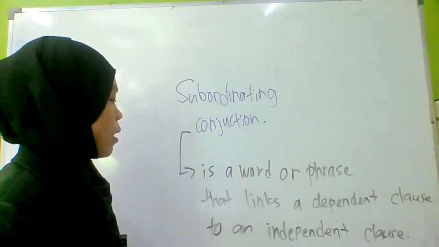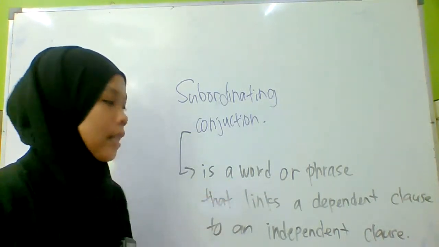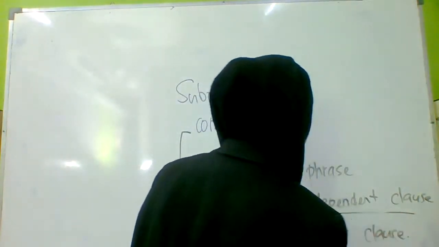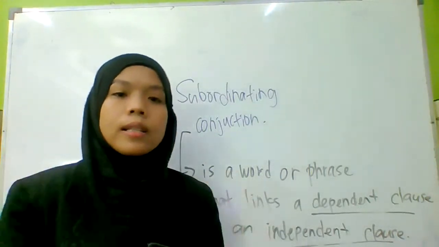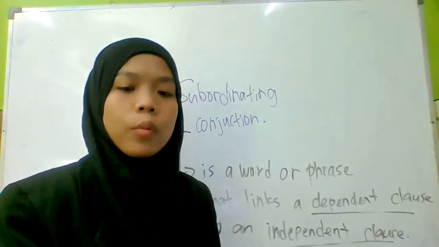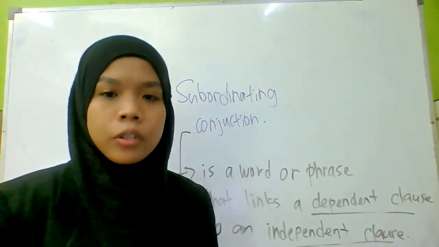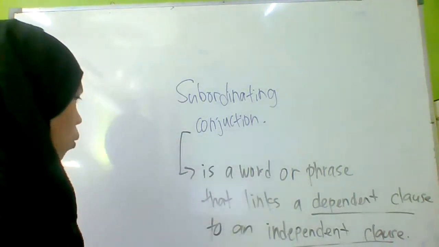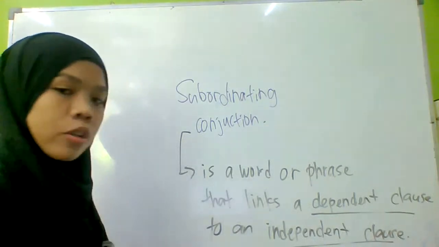It's a word or phrase that we use to link a dependent clause and an independent clause to make one sentence. Let's see examples of subordinating conjunctions, but before that, let me add more so that we get clear information.